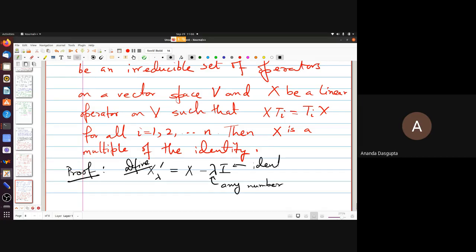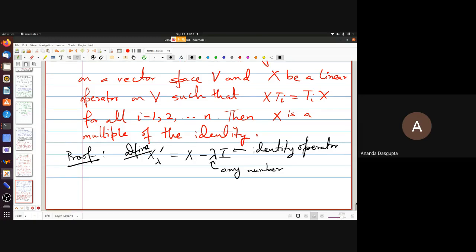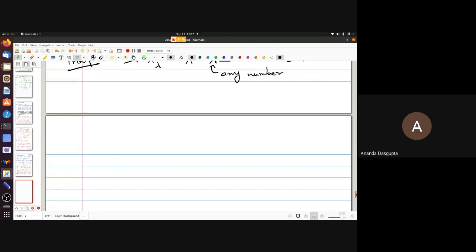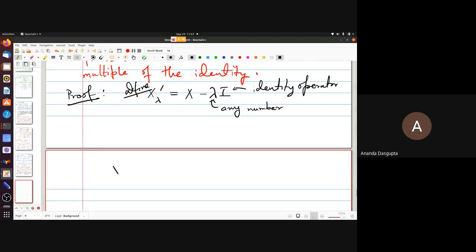Now, I, of course, is the identity operator. So given this definition, it's very easy to see that because x commutes with every one of the TIs, x prime lambda, for whatever lambda you define, has to commute with every one of the TIs, right?